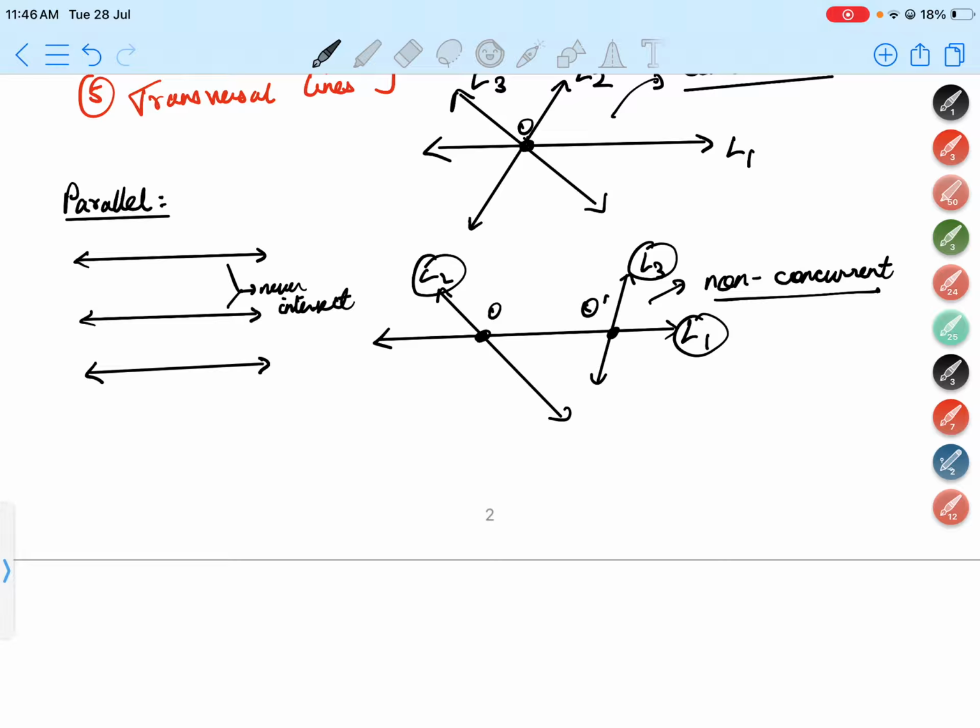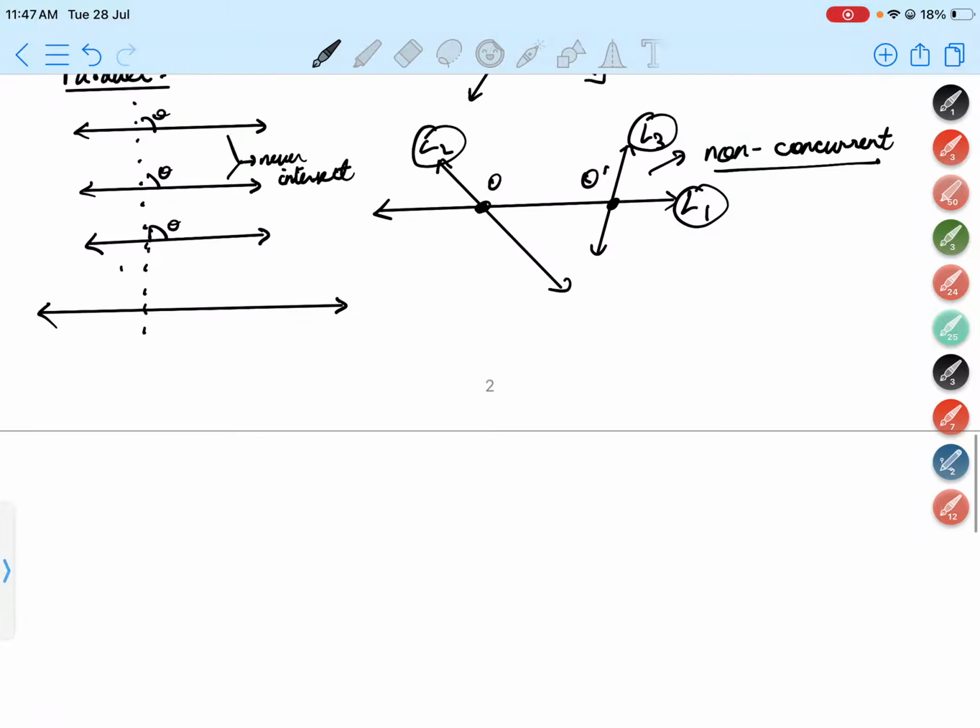And if we take any plane in respect to these lines, then the angles made by each of these lines with respect to that plane will all be equal. This will also be theta.